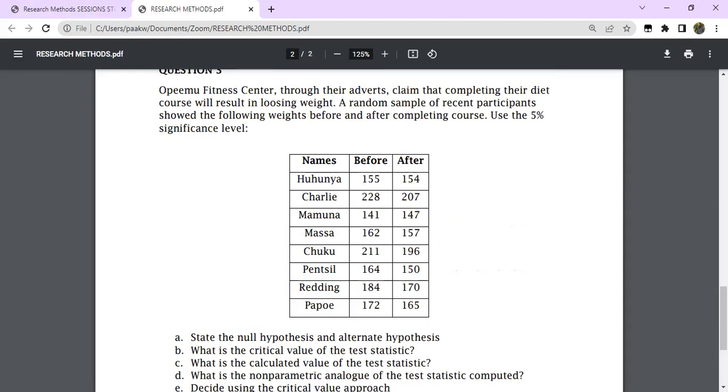With this question, before you know your decision, I have been telling you to look at your UB and UA. Here, they are saying that the fitness center, through their advert, claims that completing their diet course will result in what?